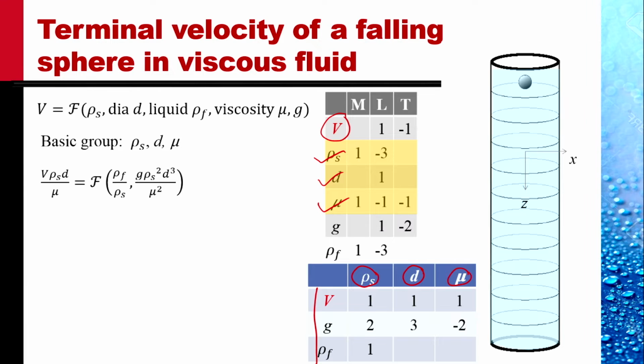And if we do this, the dependent parameter results in a dependent group V rho s d divided by mu, and 2 independent groups of parameter, 2 independent pi's. The ratio of the density is rho f by rho s, and g rho s square d cubed divided by mu square.